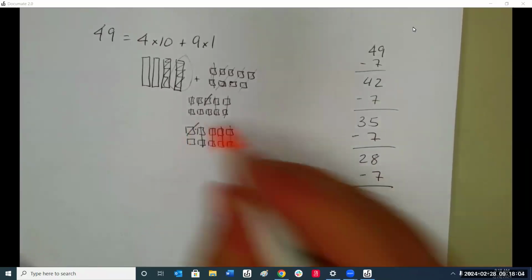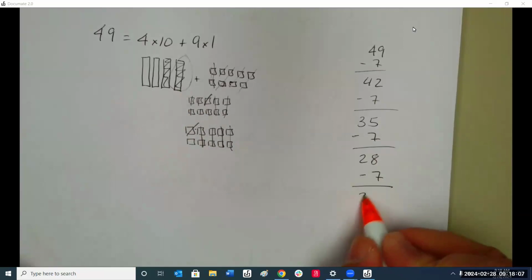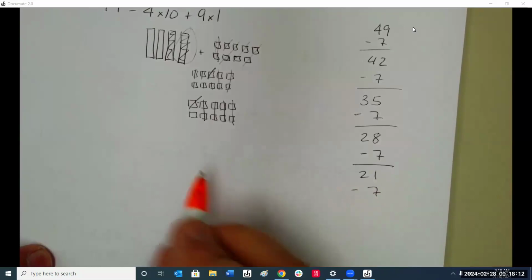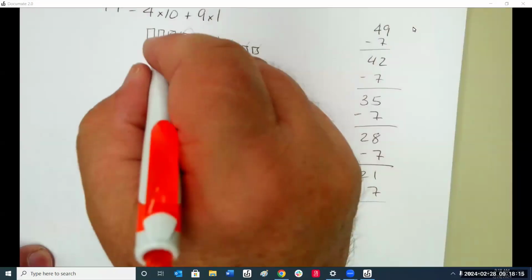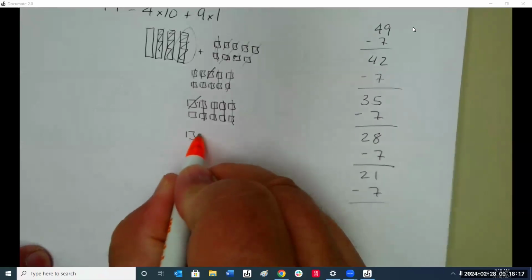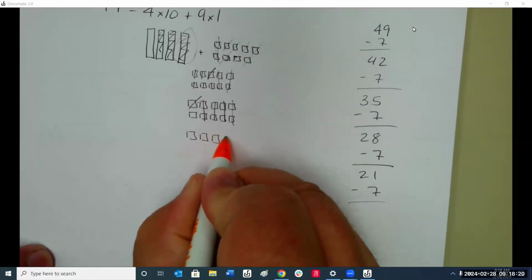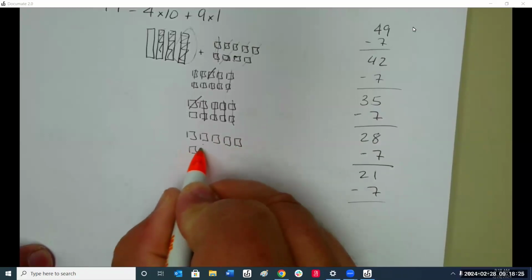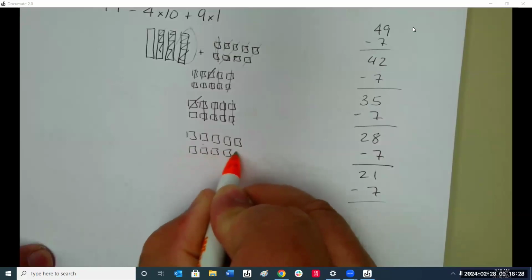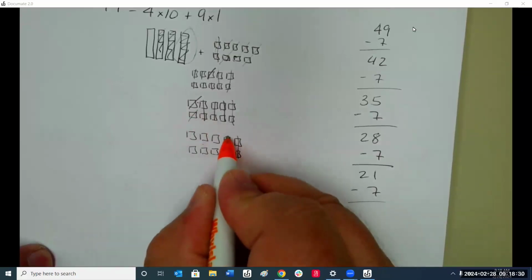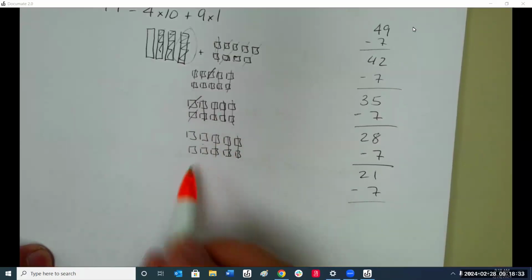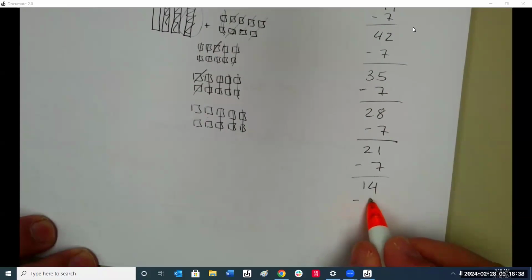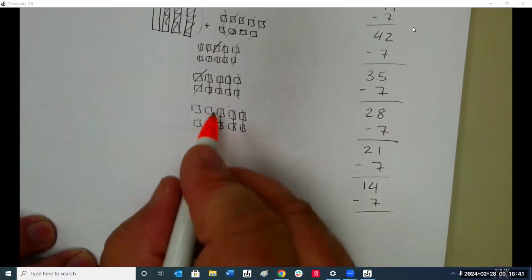Two, 4, 6, 7. That leaves us with 21. So we've got to take another one of these. We have 1, 2, 3, 4, 5, 6, 7, which leaves us with 14. Take away 7 more.